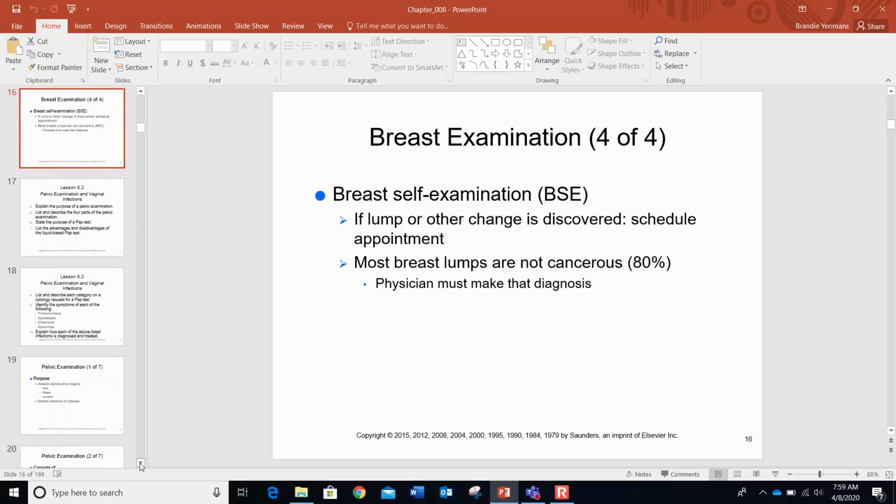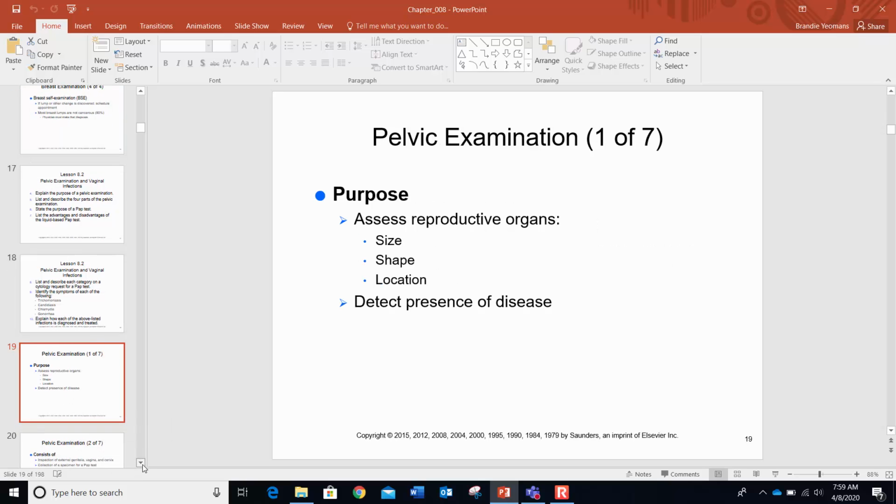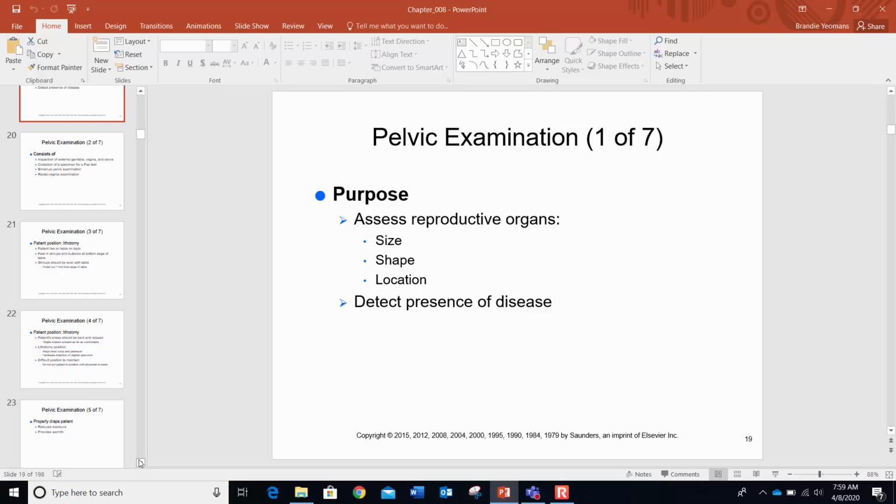We want them to keep a good routine, a good schedule. We'll talk more about that later on, but we definitely want them to be on a regular schedule. Good information to know is that when patients do detect little lumps, nodules, those types of things, 80% of those are benign, meaning non-cancerous. The physician does have to make that diagnosis, but it's nice to know that a good majority of those lumps that women detect are benign.